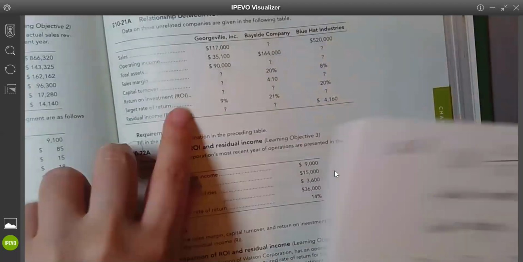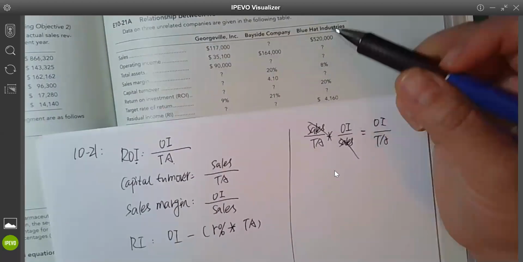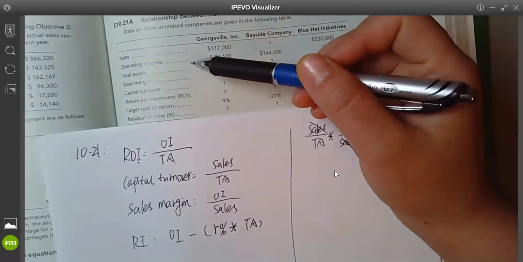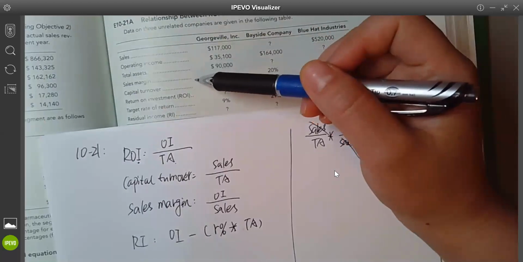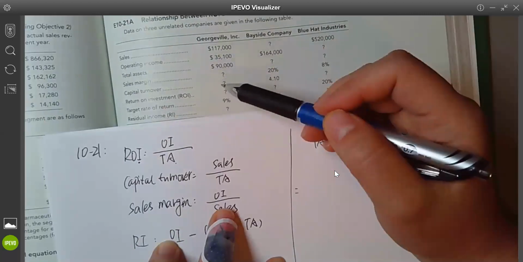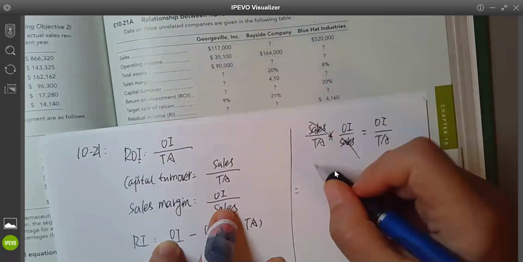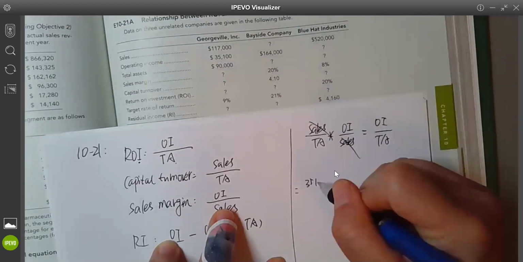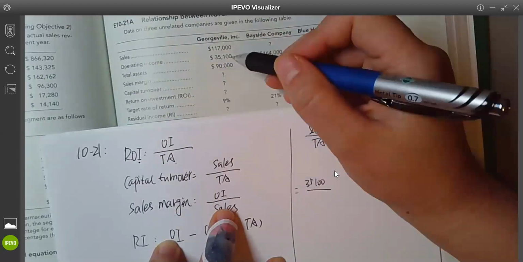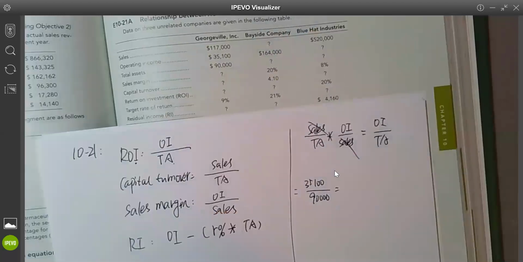You have all these ones. So we look at the first company: sales, operating income, total assets, sales margin. The first one will be operating income divided by total assets, 90,000. So let me get the number.